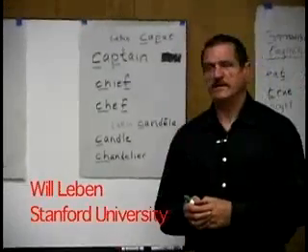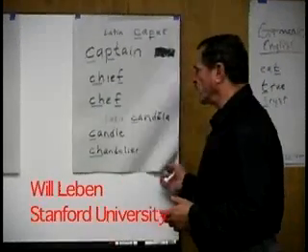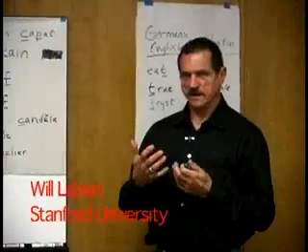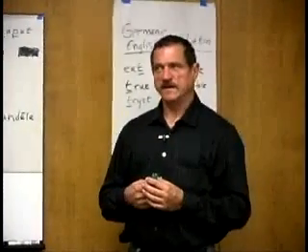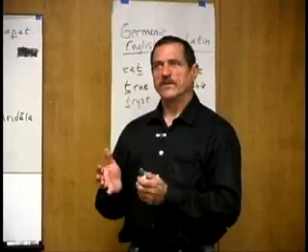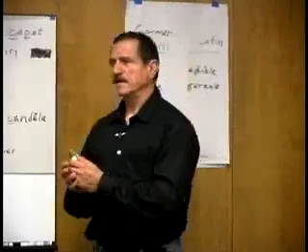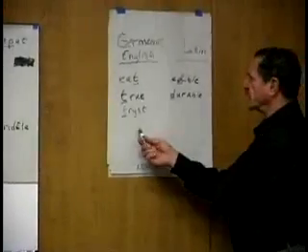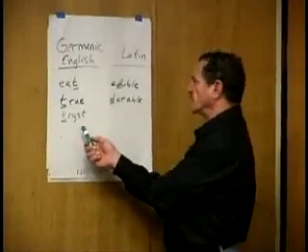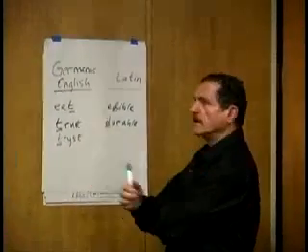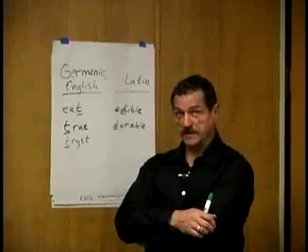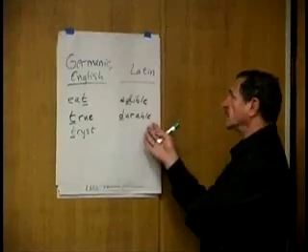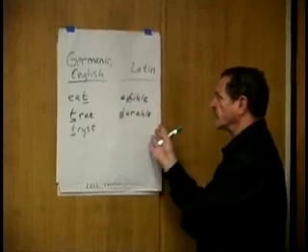What I'd now like to finish up with is giving a set of words where on the left-hand side of the chart we'll see words that came into English from a Germanic source and related words that came into English from a Latin source.